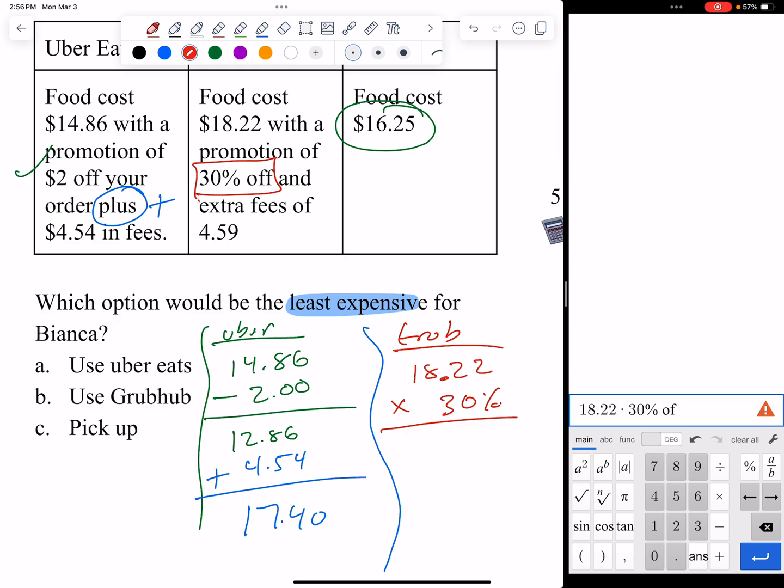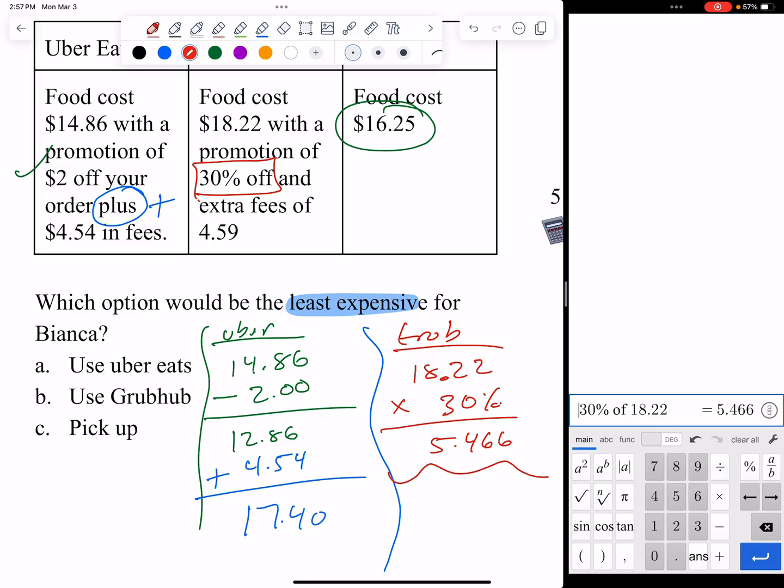Okay, so I'm going to say 30% of 18.22. So let me erase the first part. And in this case, I got 5.466. But here's the issue. That is the discount.